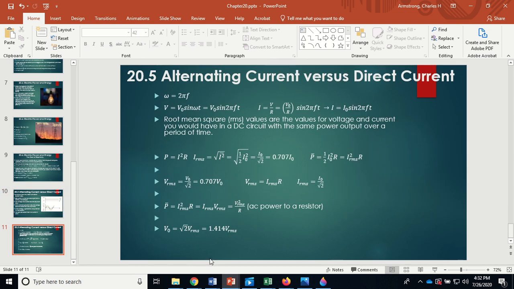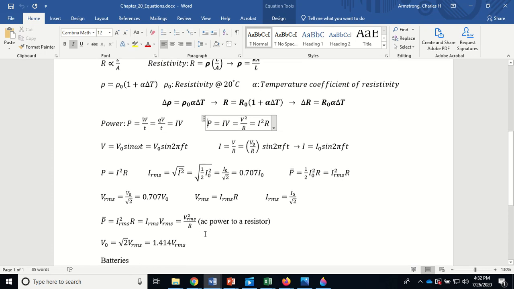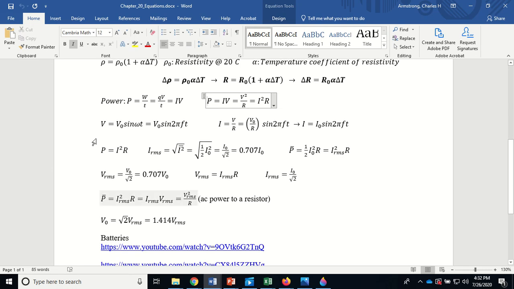So these are just off of chapter 20. Okay, this is the voltage at any instant of time. It's going to be equal to the peak voltage, the maximum voltage, times sine of omega t. But omega is 2 pi times the frequency.